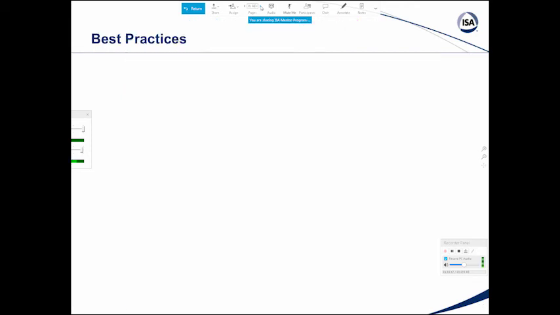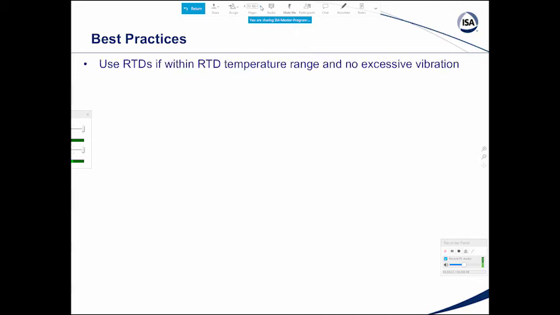Best practices. So we're going to summarize everything very quickly here. Use RTDs if within the RTD temperature range and there's no excessive vibration. I didn't mention the fact that RTDs are notoriously more sensitive to vibration, but if you have a good thermal well and you pay attention to guidelines, that should not be an issue.